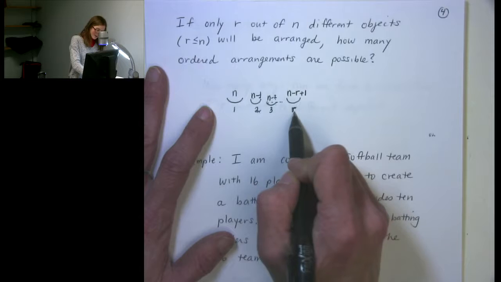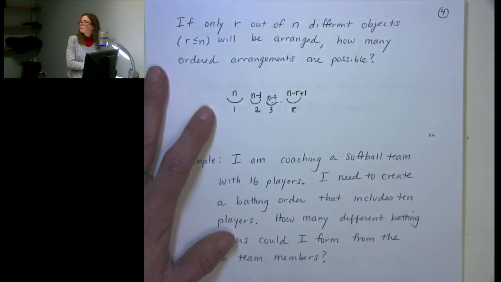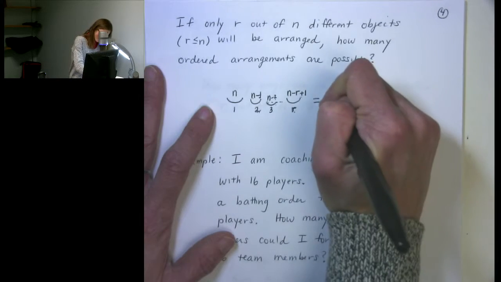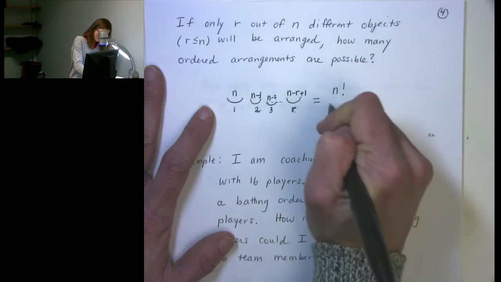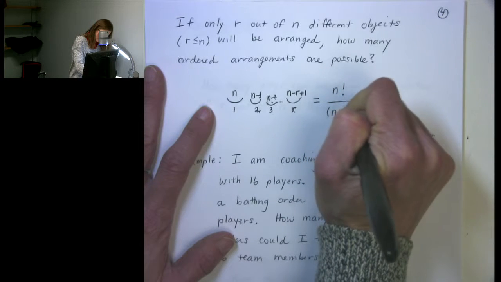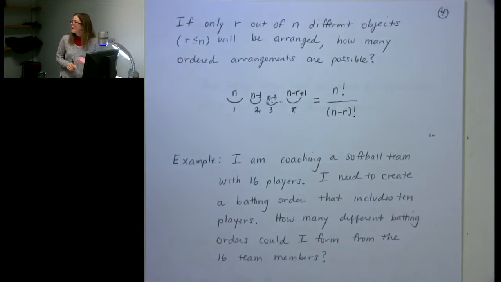So n minus r plus 1 is why we get that number there. And so we could write this as n factorial divided by n minus r factorial. And that's how we can count the number of possible ordered permutations of r out of the n objects.